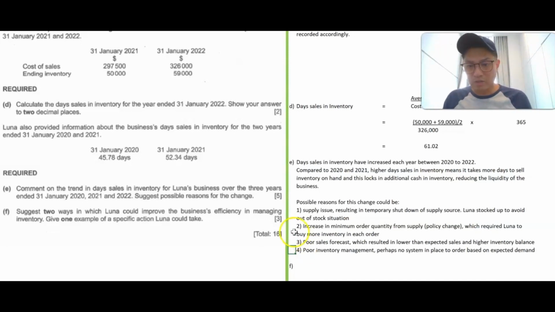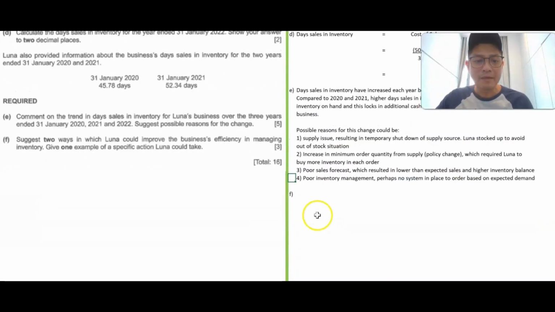Then the other one could be that you don't have an inventory management system, right? You don't place your orders based on your anticipated demand. You got no clarity on the anticipated demand. You just place it based on, I don't know, historical trends, and historical trends may not represent what's going to happen in the future. Okay.